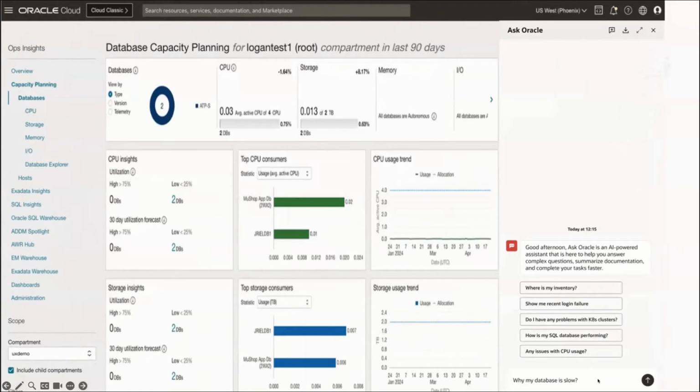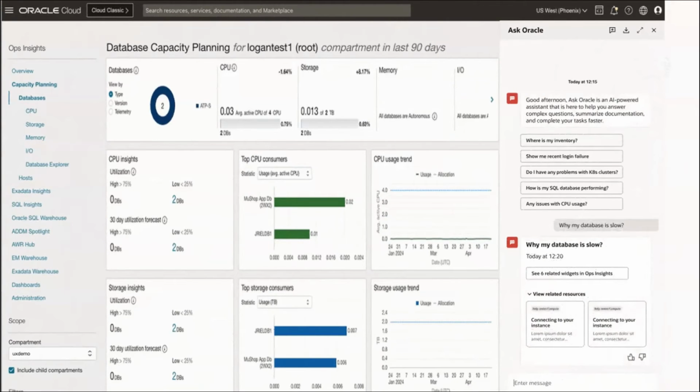Once you ask that question, it converts into a set of options for the user, right? So in this case, when I ask this question, why my database is slow, these options are in terms of the inherent dashboard framework which we're using within observability management.